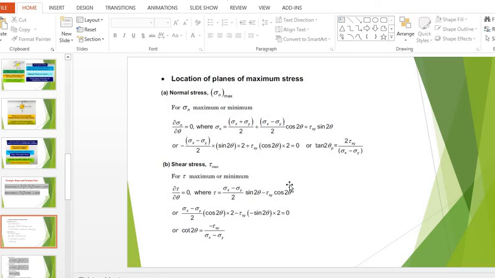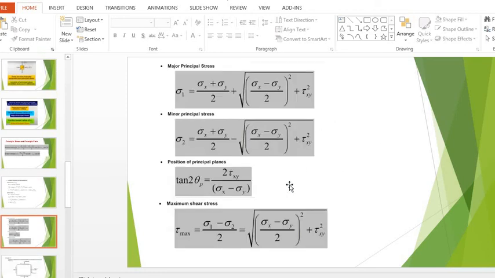Now one more thing: we talked about major principal stress. Major principal stress is denoted by sigma 1, okay, and minor principal stress is denoted by sigma 2. The formula for sigma 1 is (sigma x plus sigma y)/2 plus under root of ((sigma x minus sigma y)/2) square plus tau xy square.